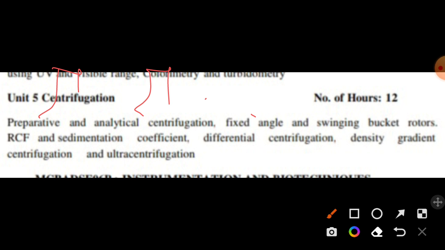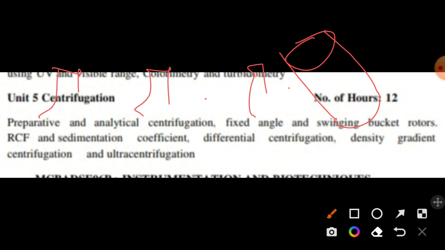Fixed angle rotor centrifugation, where we are holding our tube at a 45-degree angle, facilitates faster separation, no doubt about that, but it cannot ensure that all of the particles will slip down from the side where they have stuck to the bottom.